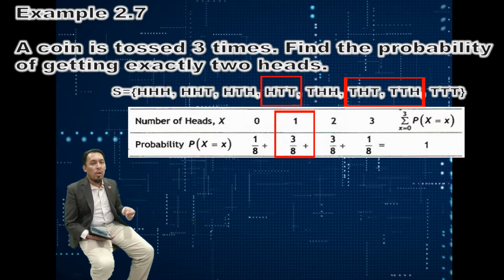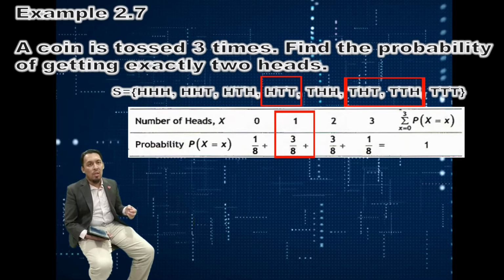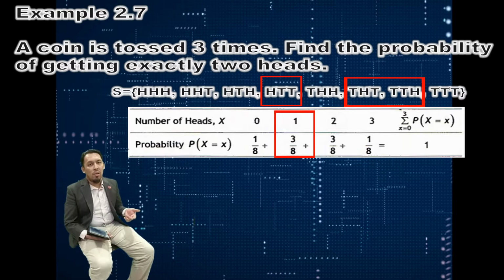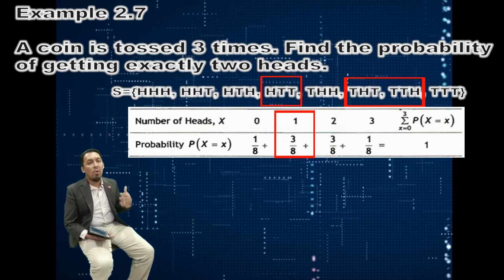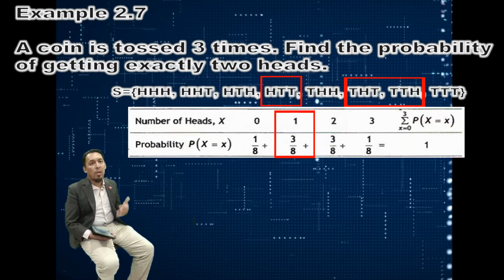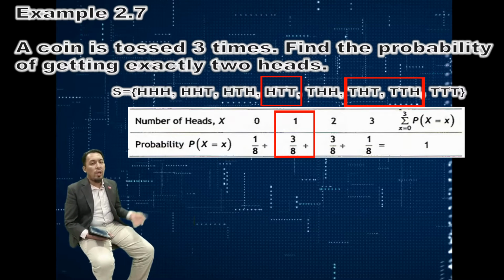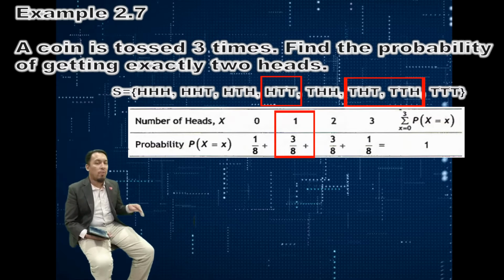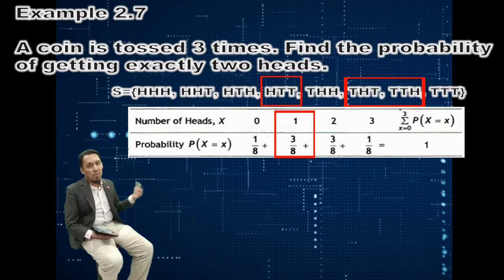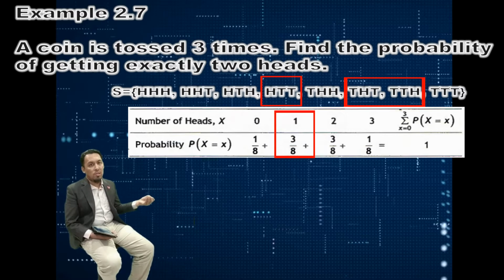And how about 1? Do we have a situation that consists of 1 head? Yes, 3 out of 8 consist of 1 head. So 3/8, which is also equal to 0.375. And how about 2 heads? Is there any combination that consists of 2 heads?